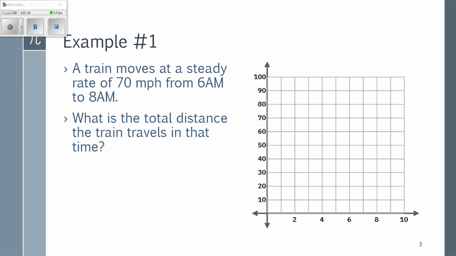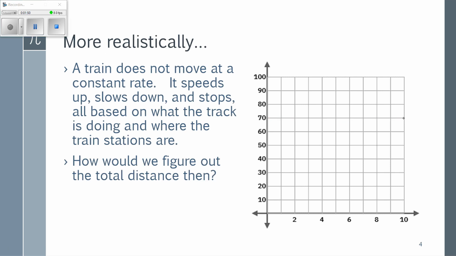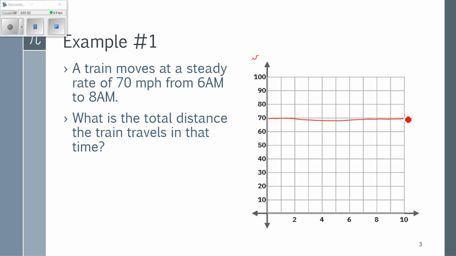So if I graph the velocity of 70 miles per hour right here, and we'll pretend that's a completely perfect horizontal line, and we say it's from 6 a.m. to 8 a.m. So here's 6 a.m., here's 8 a.m. What I've got is a rectangle here.